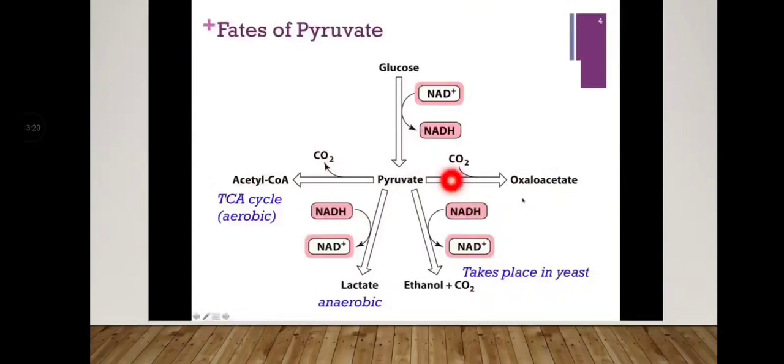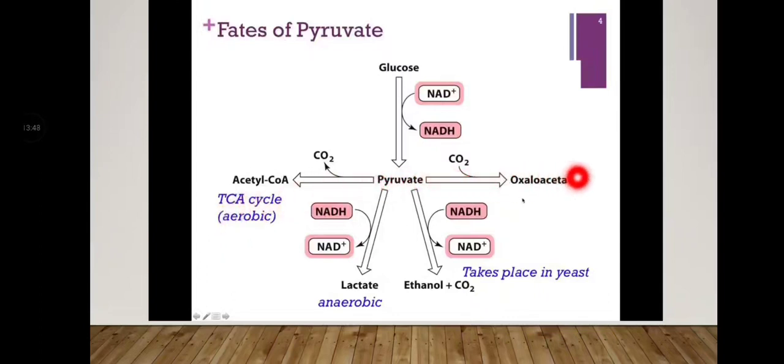So glucose, and then you have pyruvate. Pyruvate may be converted to acetyl-CoA and give off carbon dioxide in the process. Like I mentioned, it depends on the ratio of NAD plus to NADH. On one hand, it may be converted to acetyl-CoA, which may enter the tricarboxylic acid cycle.